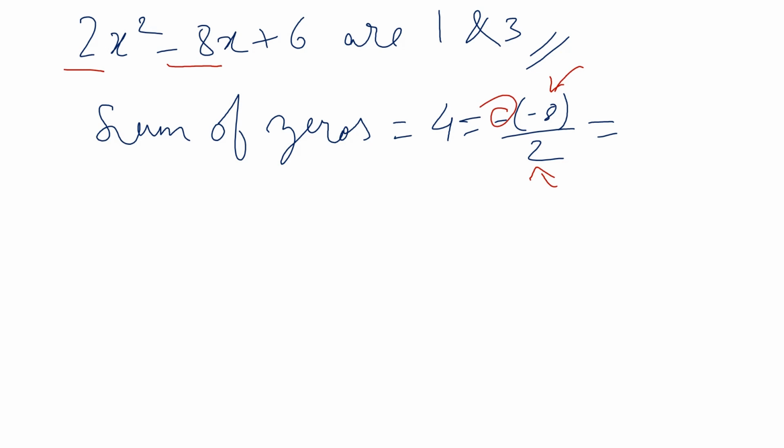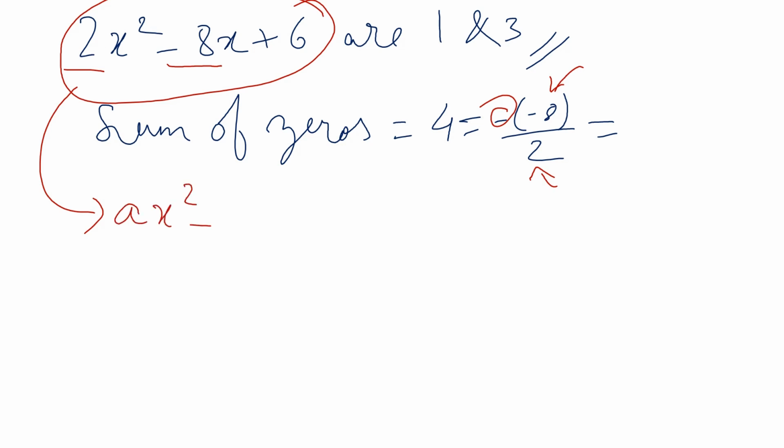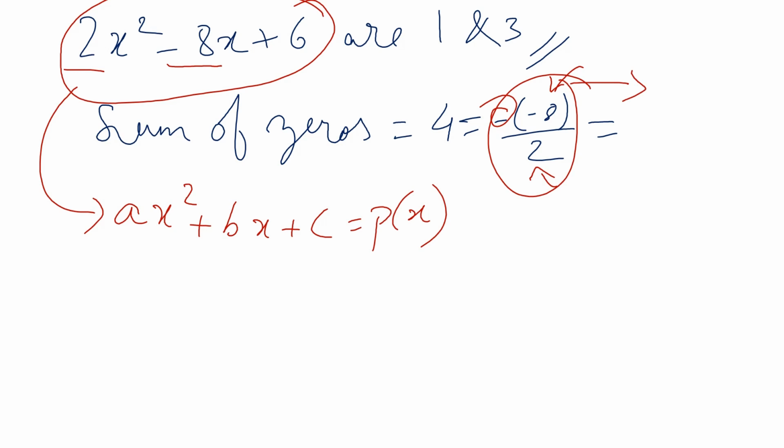So what we can say is, if we compare this polynomial with the general polynomial expression ax square plus bx plus c is equal to p of x, we can say that minus 8 is the coefficient of x, so we take it as b, so minus b by, here 2 is the coefficient of x square, nothing but a, so a.